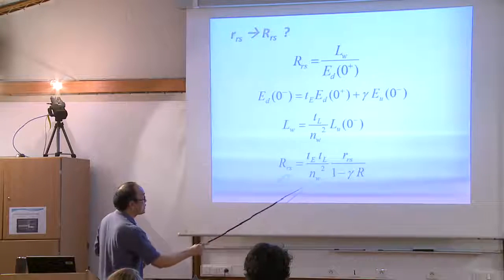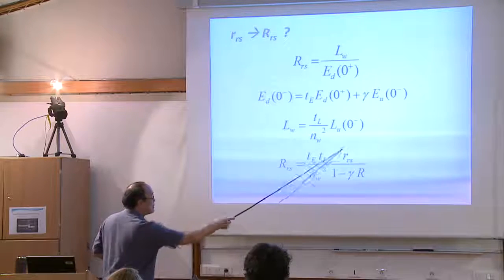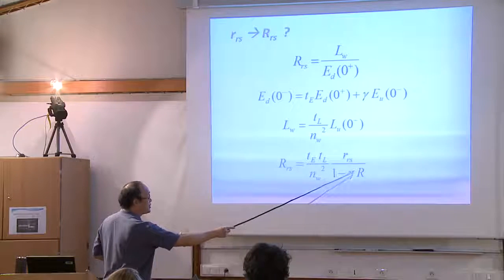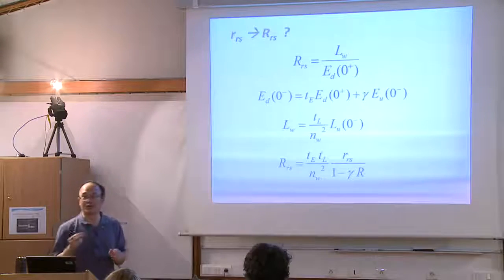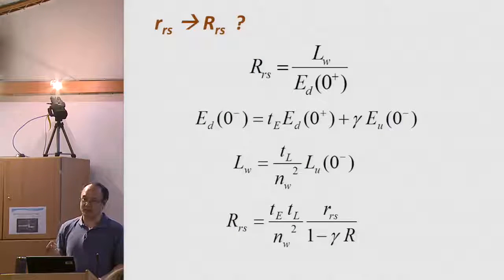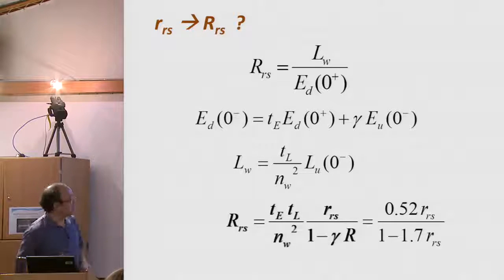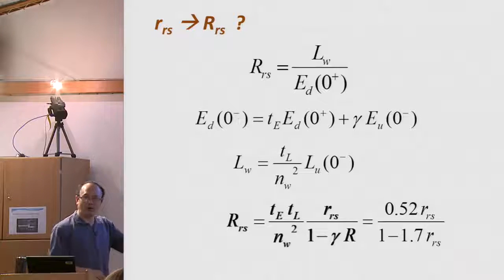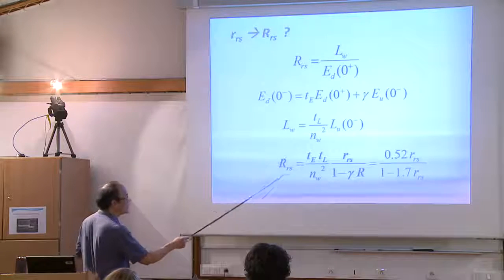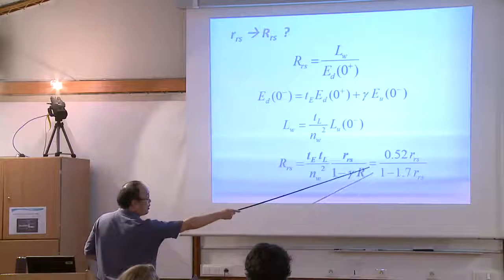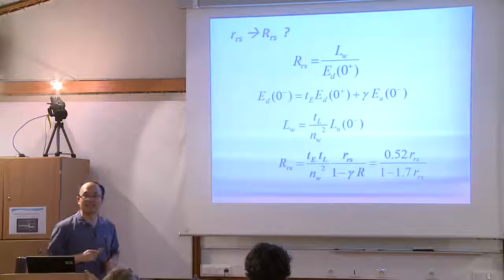It's this transmittance term and the remote sensing reflectance below the surface, and this internal reflection. This R is called the irradiance reflectance. Basically, it's Eu(0-) divided by Ed(0-). We call it irradiance reflectance. After some numerical simulations with Hydrolight, generally we can get big Rrs is roughly about 0.52 times the small rrs divided by that term.